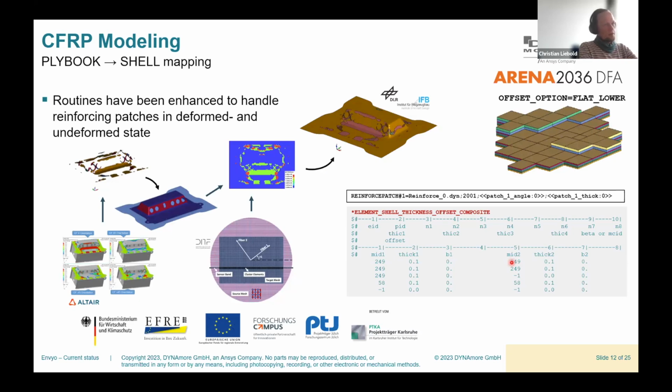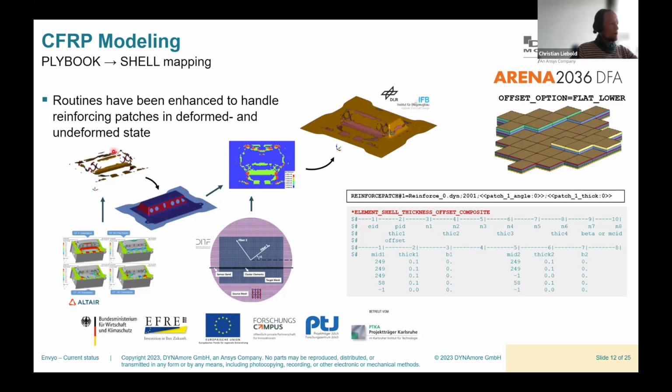Within the ARENA 2036 research environment, we've been investigating linking several process chains next to each other. With that, there came different enhancements to the mapping software itself. So we had an optimization result from Altair software, which provided us patches where we would need to have a reinforcement in our final structure, which in this case is the hood of an electronic casing within a vehicle.